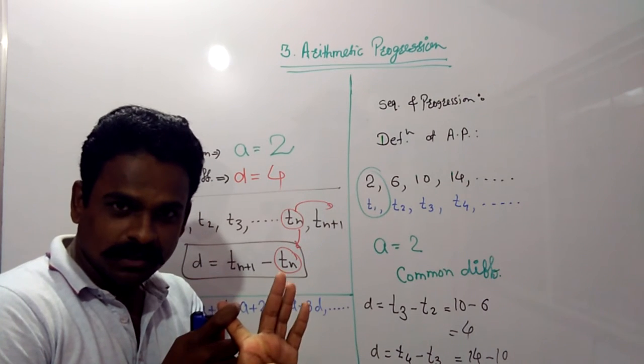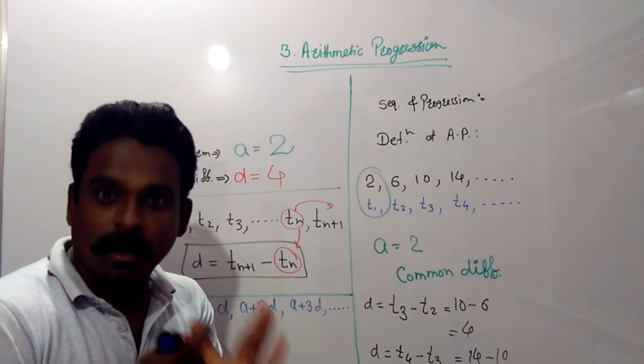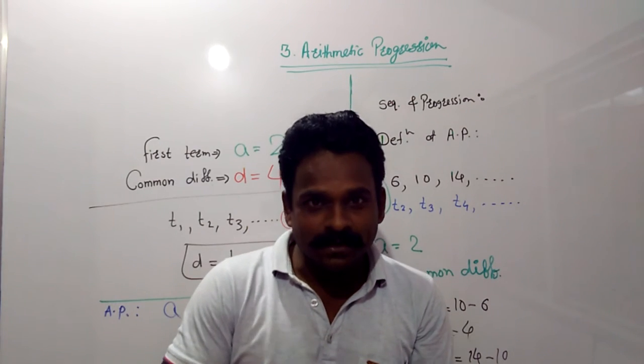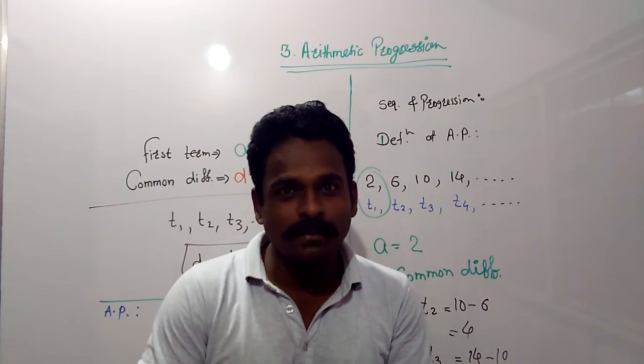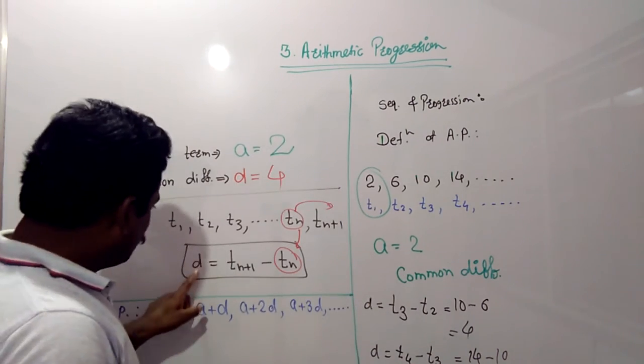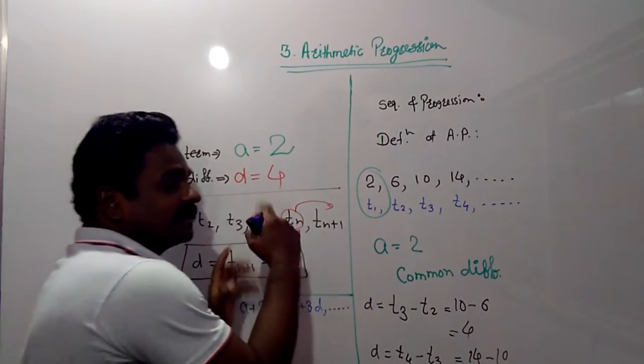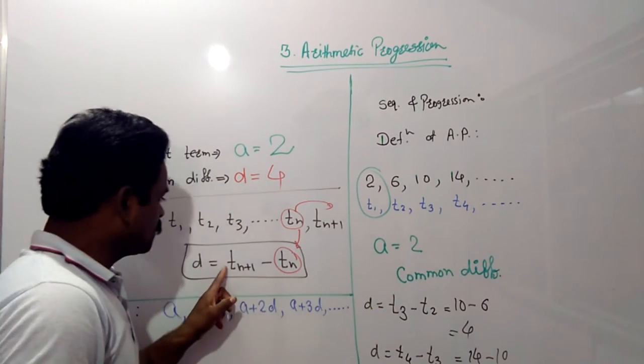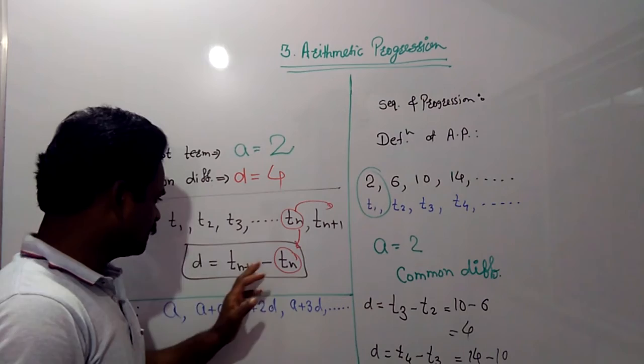Next, the formula for finding the common difference: D is equal to the next term minus the previous term, so Tn plus 1 minus Tn. That is the formula.